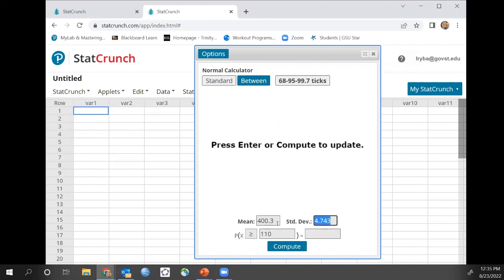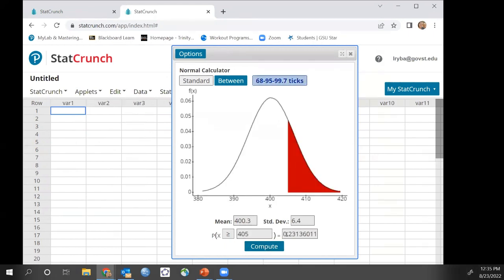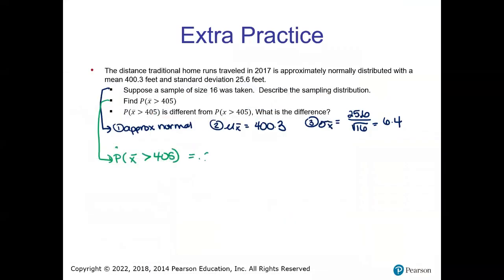Mean 400.3, standard deviation 6.4, and we want it greater than 405. Anytime we write these values, we go to 4 places. So 2, 3, 1, 3, and that 6 is going to round that up. So 2, 3, 1, 4.